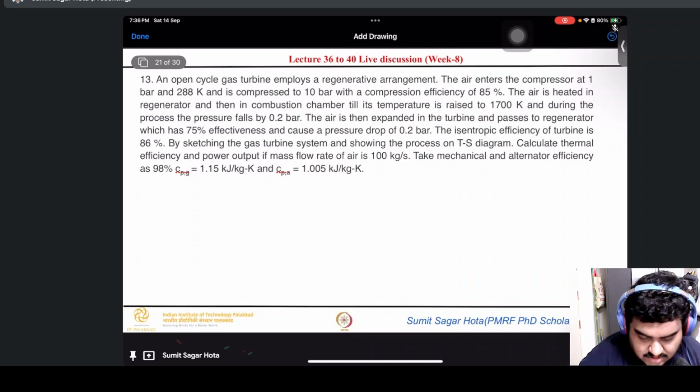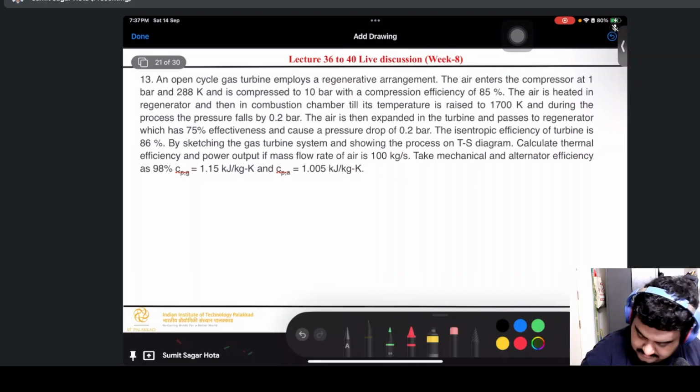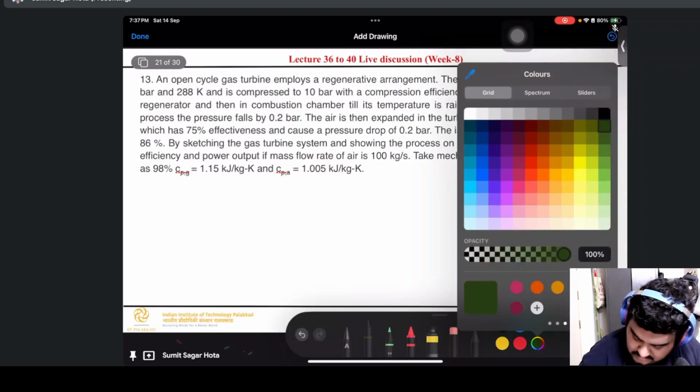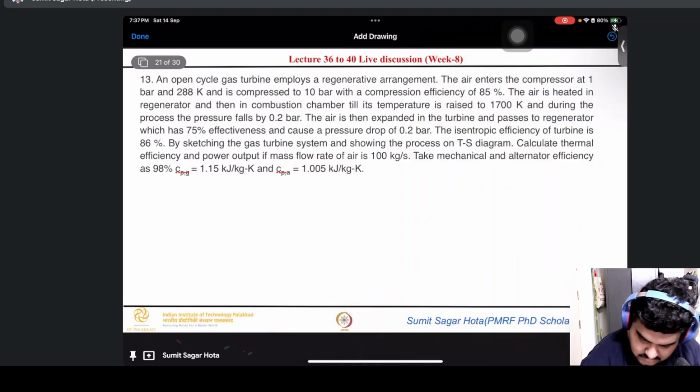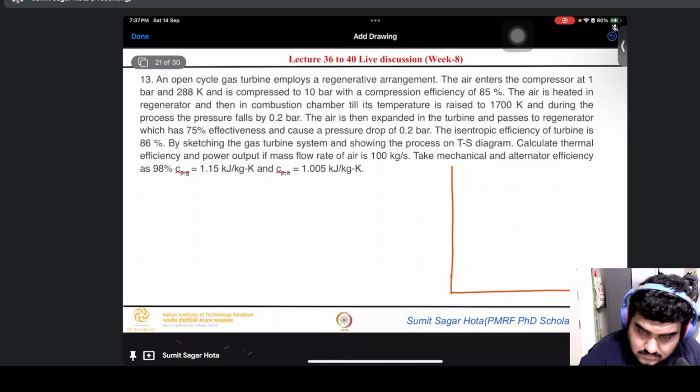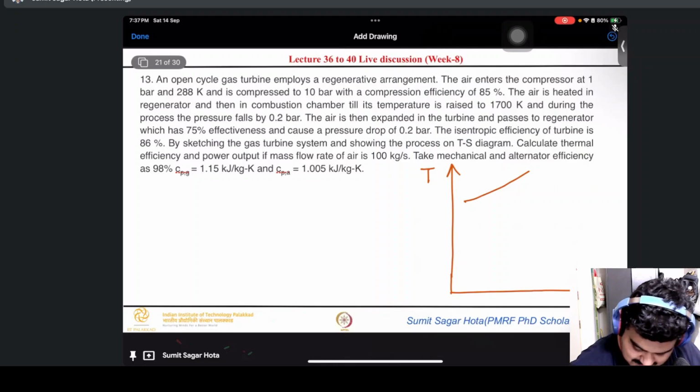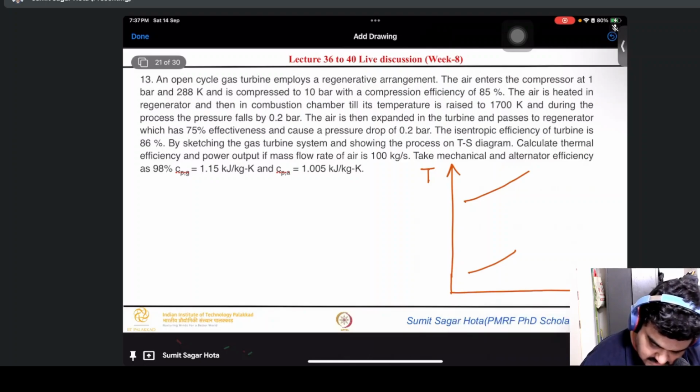Okay, so first draw the TS diagram. So this is your diagram.